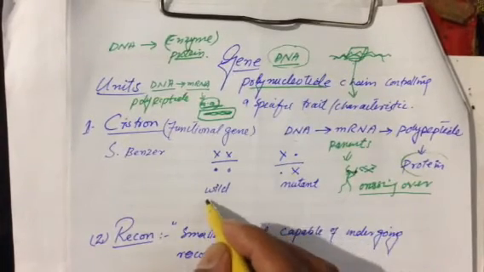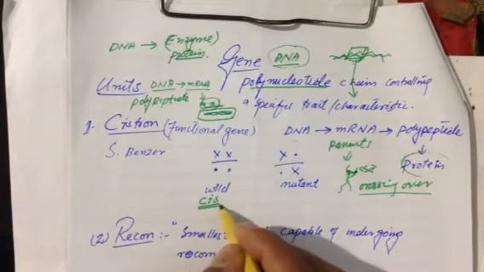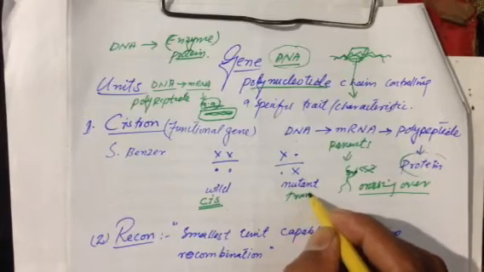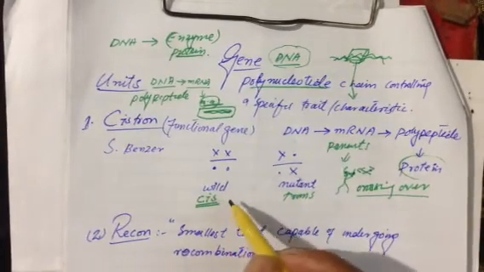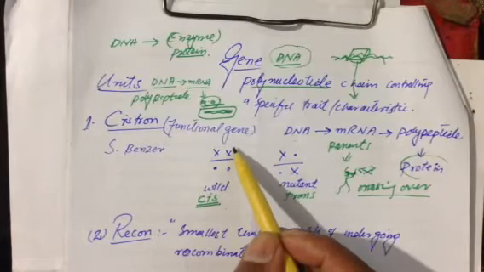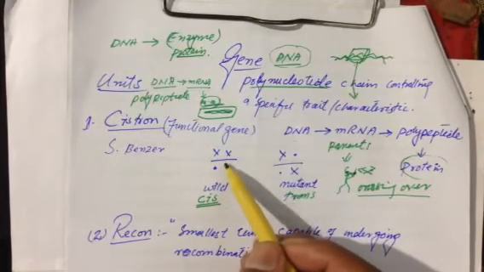For this there are two terms used: the wild type, which is original. For example, this is the chromosome, and these are the genes on the chromosome.